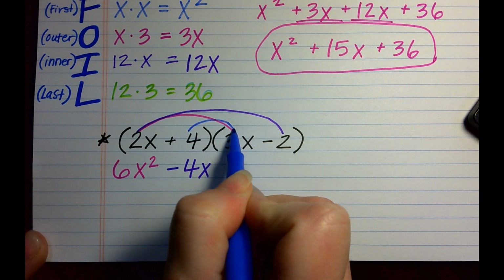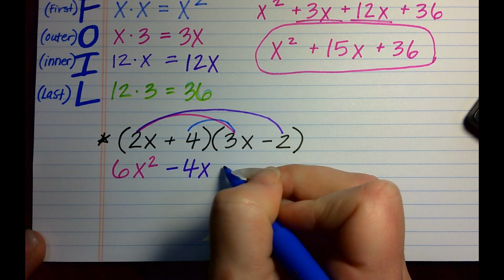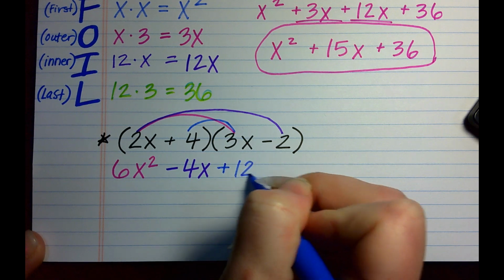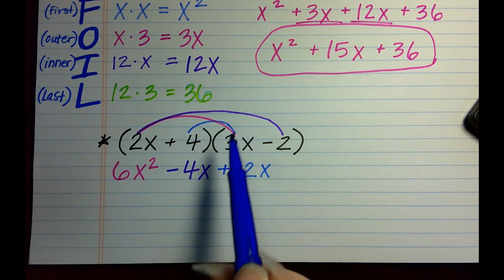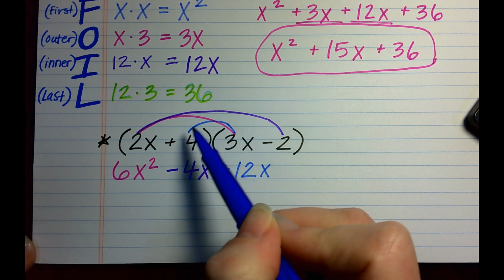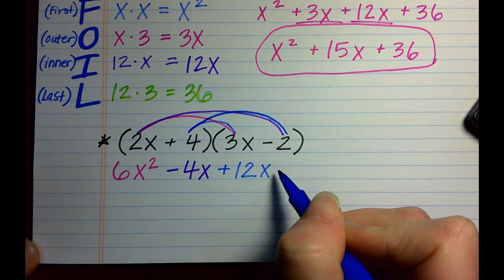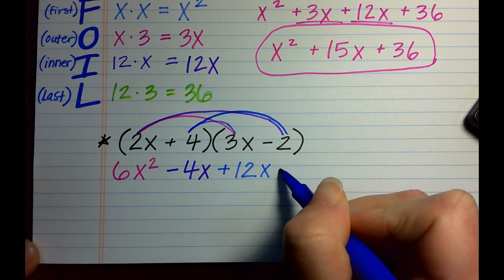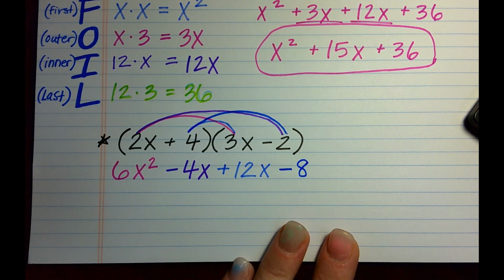Perfect. 4 times 3 what? 12x. And last but not least, what do we do? 4 times -2, which gives us -8. Good.